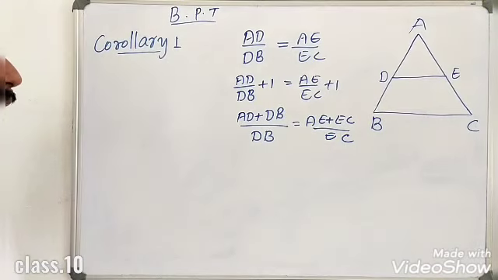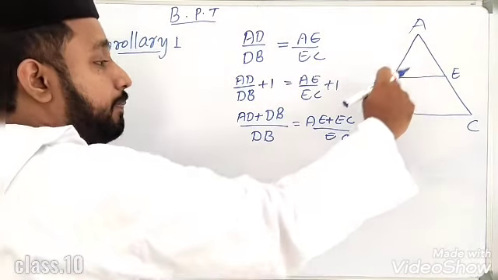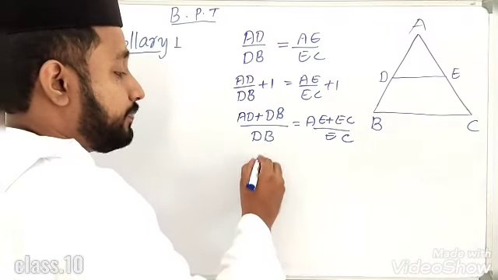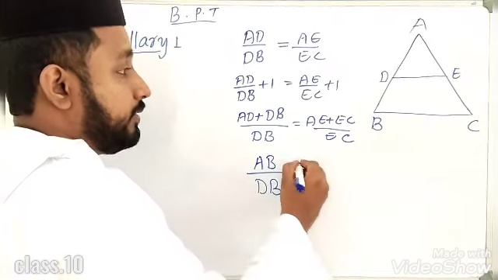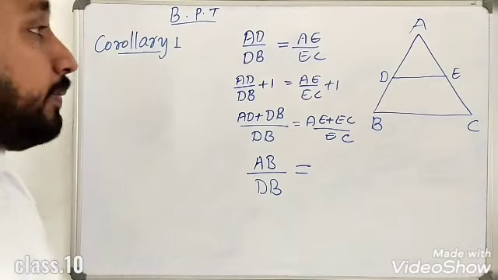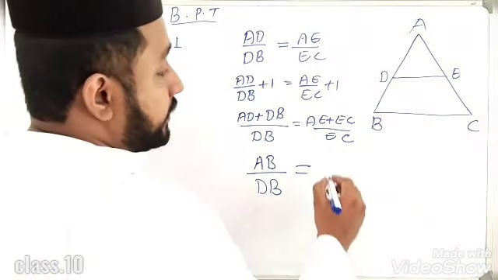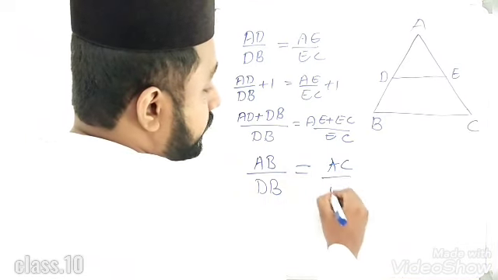So we have AD plus DB, that is AB by DB, is equal to AE plus EC, that is AC by EC.